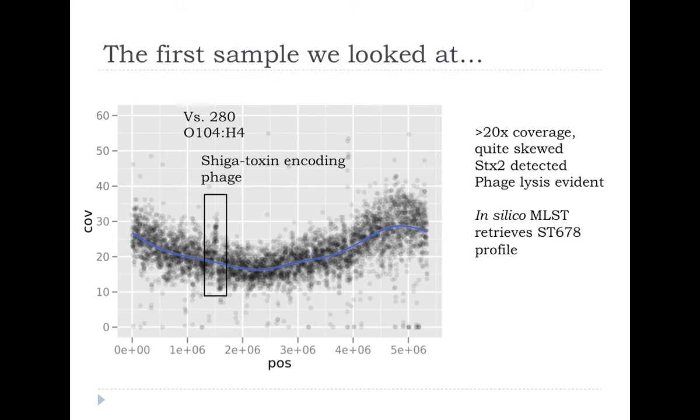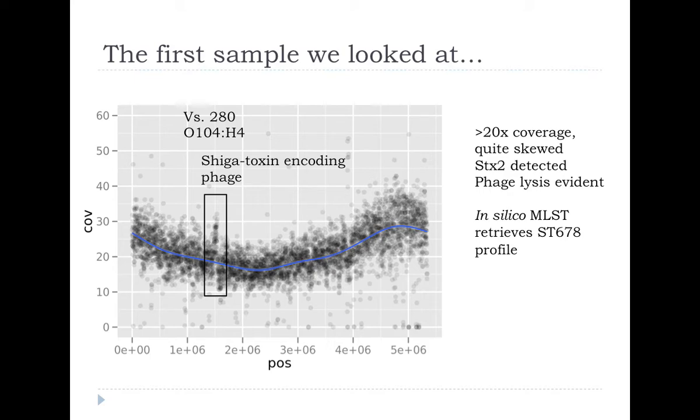Now, the other thing that we found, interestingly, was that there was this little upswing of sequences at a particular position, and that position turned out to correspond to the prophage, the bacterial virus that had integrated into the chromosome and carries the genes for the Shiga toxin. It was known that the toxin was encoded by this phage.